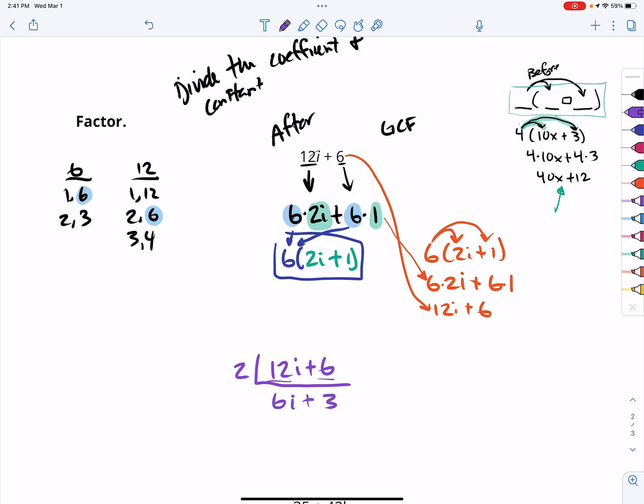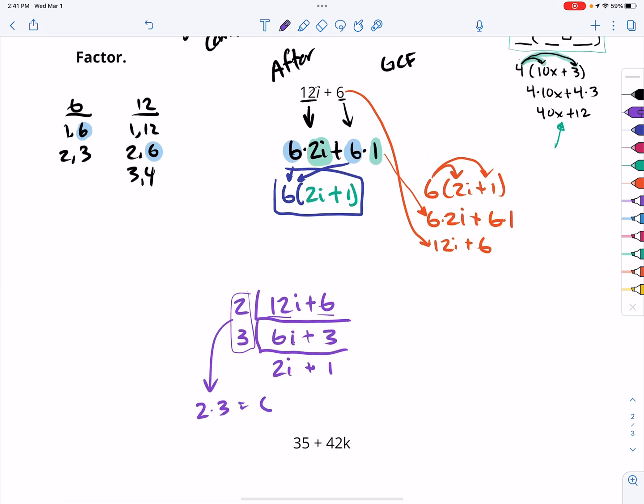Now this 6i plus 3, they can both be divided by 3. 6i divided by 3 is 2i, and 3 divided by 3 is 1. So over here, this is 2 times 3, which is 6. And so we really have 6 times 2i plus 1.